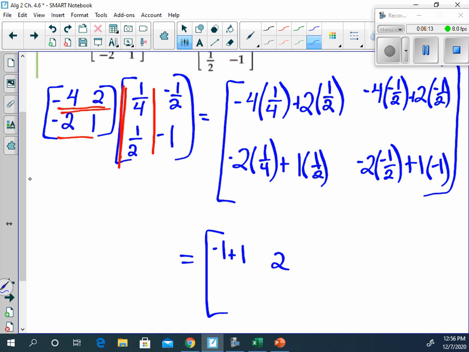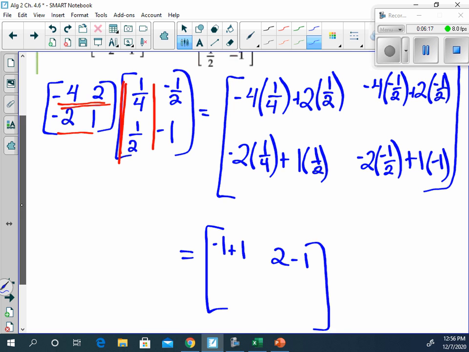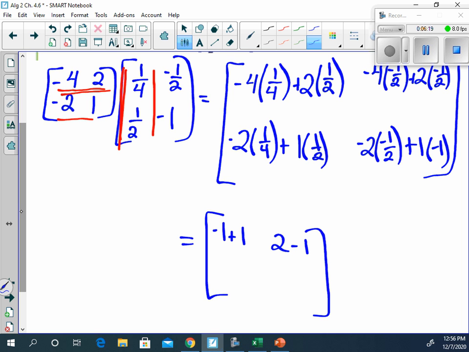And 2 times -1/2 is going to be -1. And going down to the next row, -2 times 1/4 will be -1/2 plus 1/2. And lastly, -2 times -1/2 would give us +1. And 1 times -1 would give us -1.